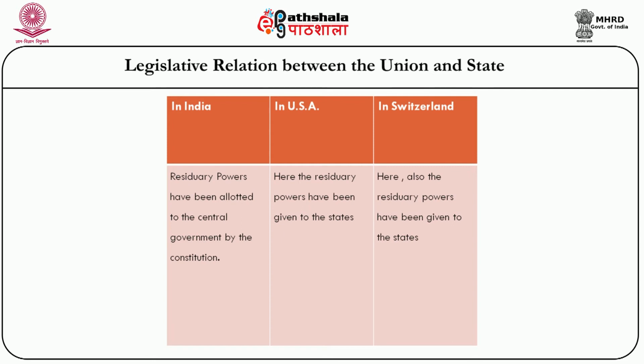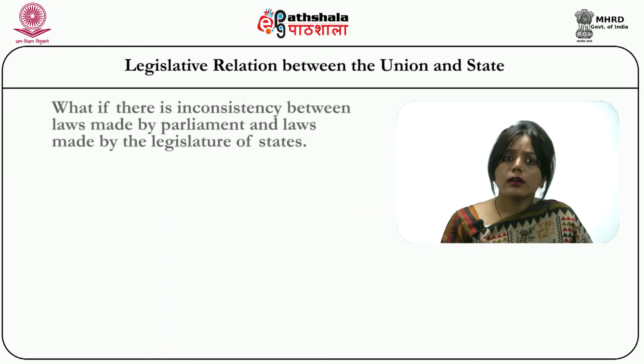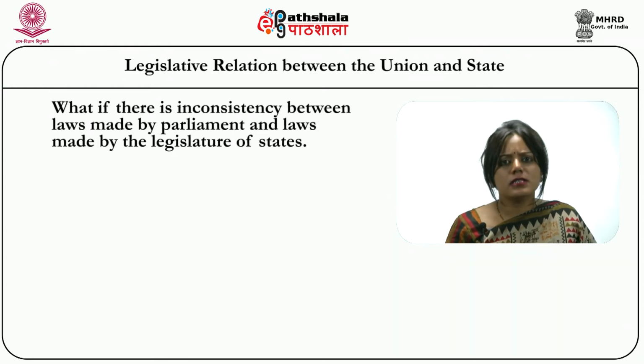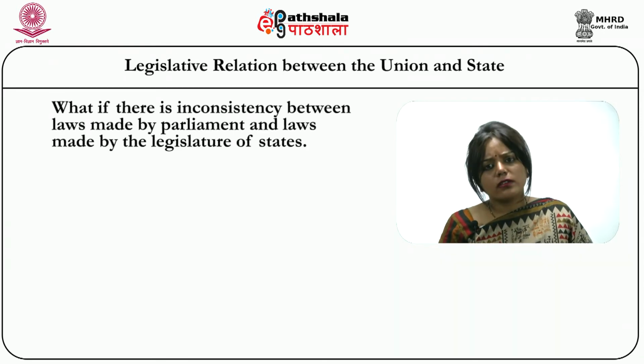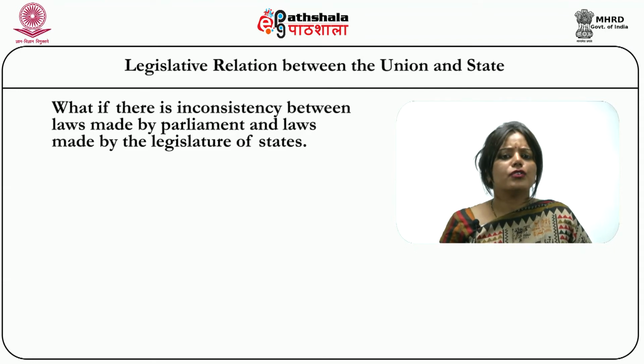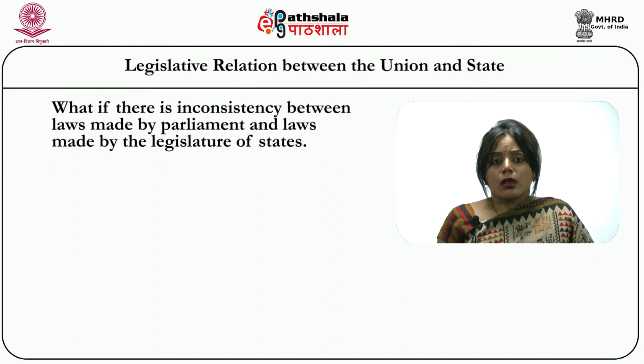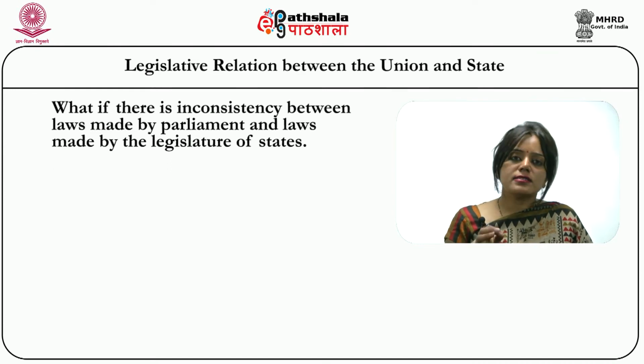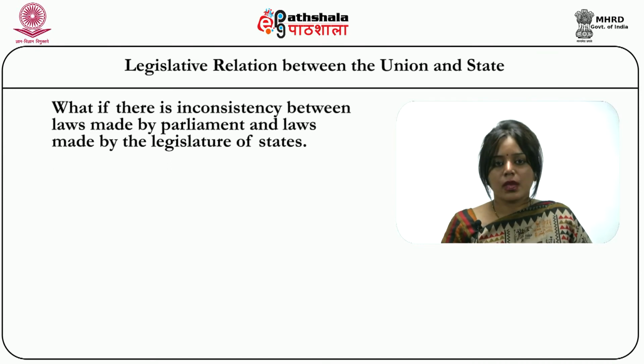So, as I gave you the hint about the problem in the beginning, that problem is: what if there is inconsistency between laws made by Parliament and laws made by the legislature of states? I will start with the situation.